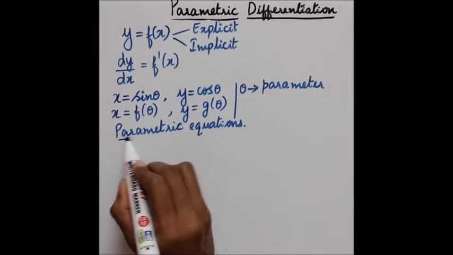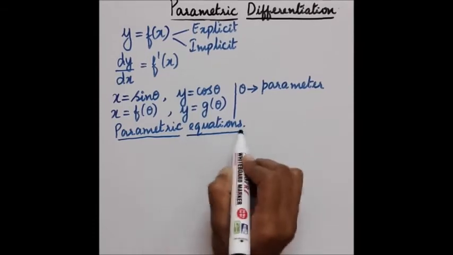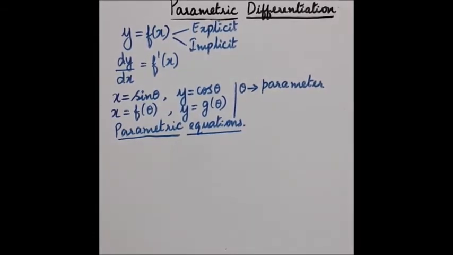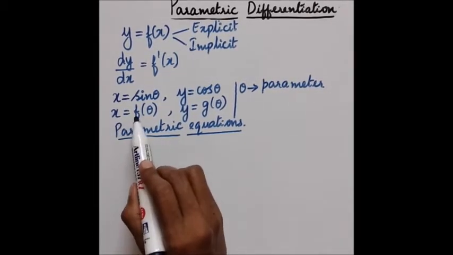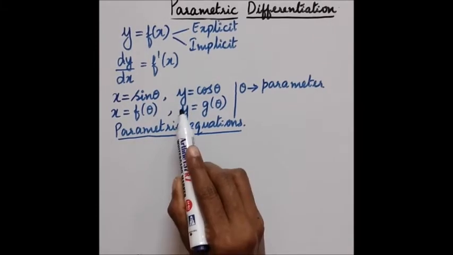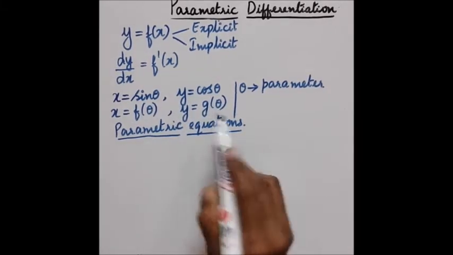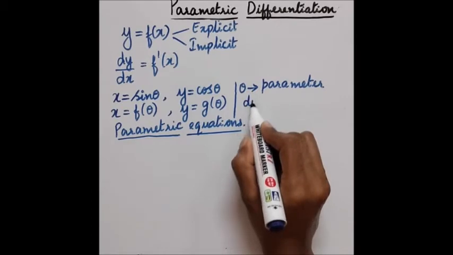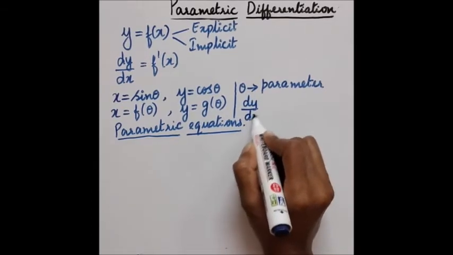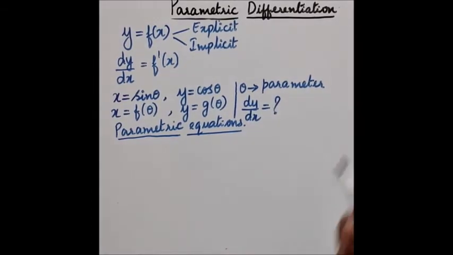Now the question is, when the parametric equations are given in the form x equal to f of theta and y equal to g of theta, how to find dy by dx?